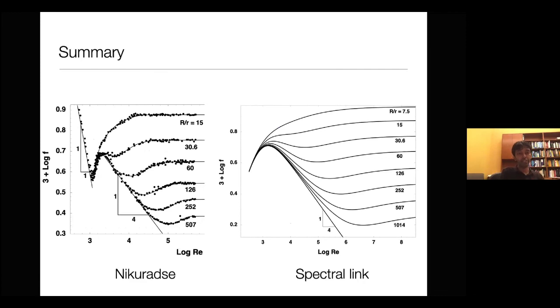So in very brief summary, we took the Nikuradse diagram and looked at its various salient features, and we constructed a very simple model to try to understand these different features. We were able to qualitatively understand things like humps and bellies, and quantitatively predict the empirical scalings of the smooth and rough regimes, Blasius and Strickler.